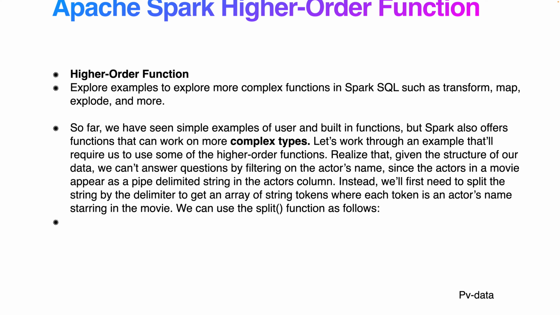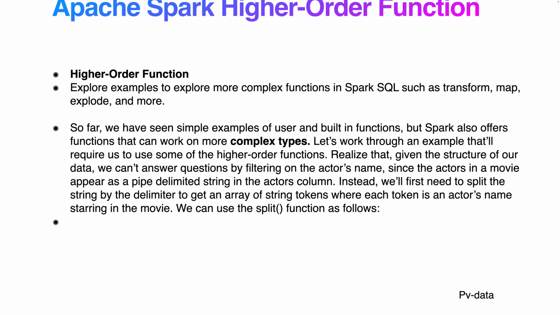Let's explore more of the complex functions in Spark SQL, such as transform, map, explode, and many more. So far, we have seen simple examples of user-defined and built-in functions, but Spark also offers functions that can work with more complex types.